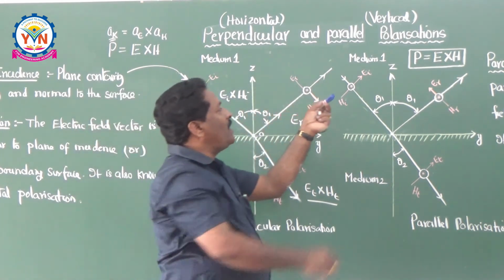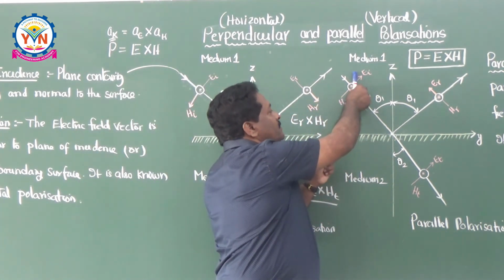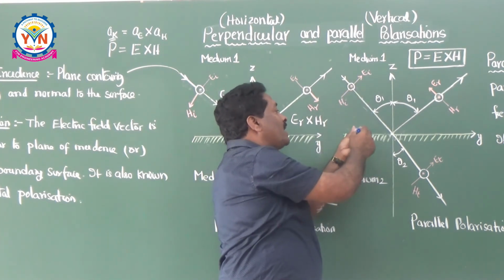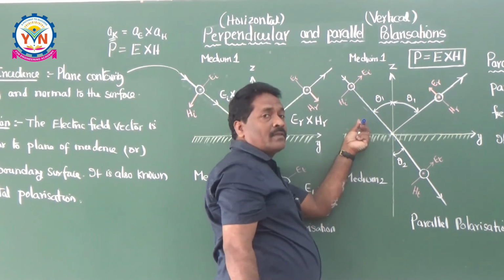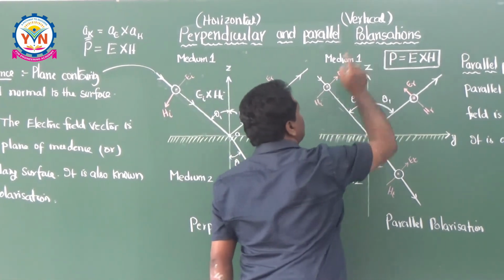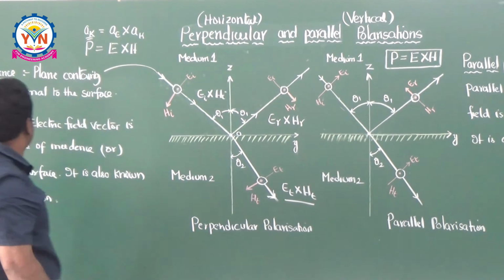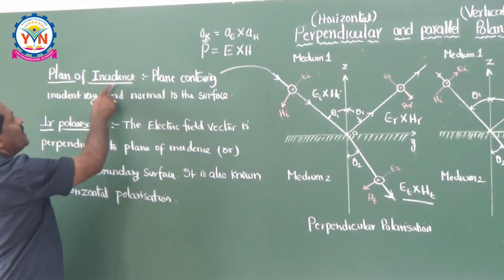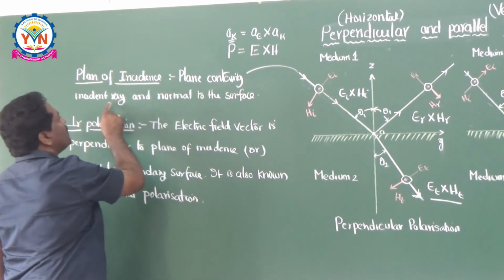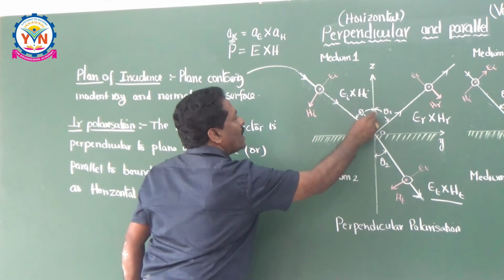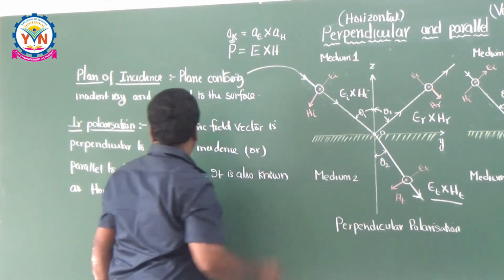If the electric field is parallel to the plane of incidence, or in another way the magnetic field is parallel to the boundary surface, then it is called parallel polarization. So that's why you see the definition here. First of all, see the definition of the plane of incidence: the plane containing the incident ray and the normal to the surface. This is the plane of incidence.